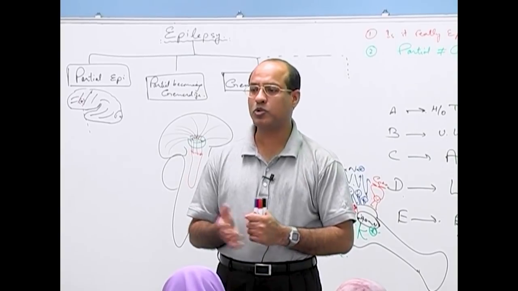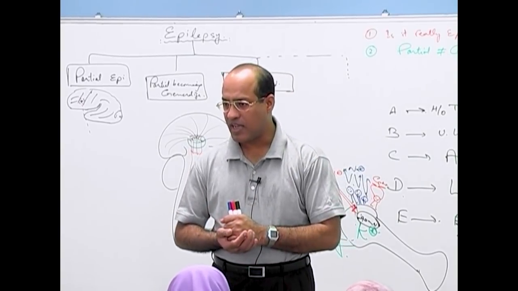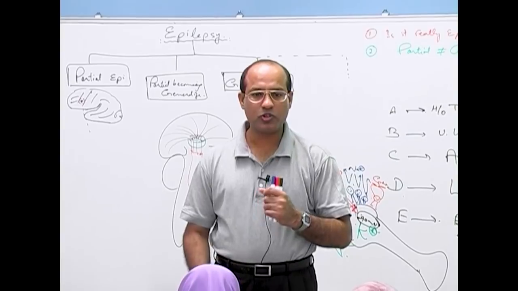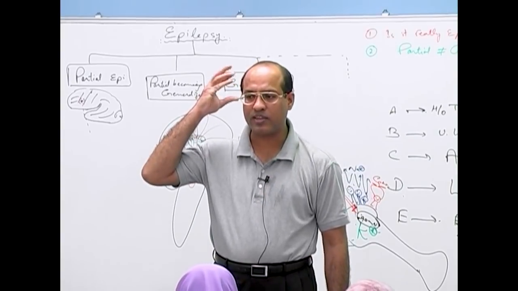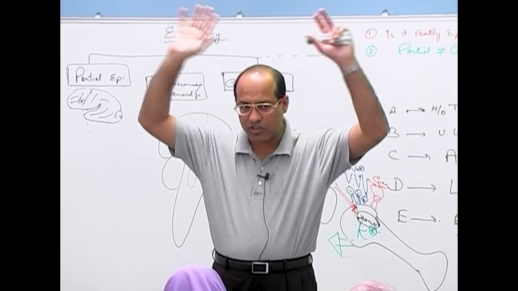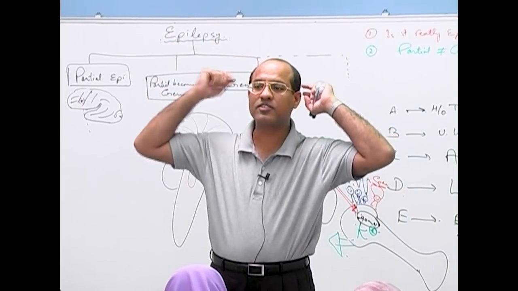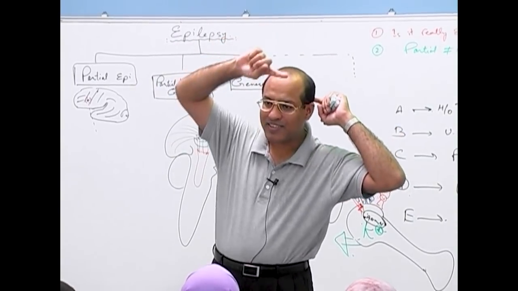For example, if you do an EEG of a person and in the electroencephalogram you see that the first abnormal electrical activity is only in the right temporal region and then the abnormal activity spreads everywhere, it should still be considered partial, which is becoming generalized.